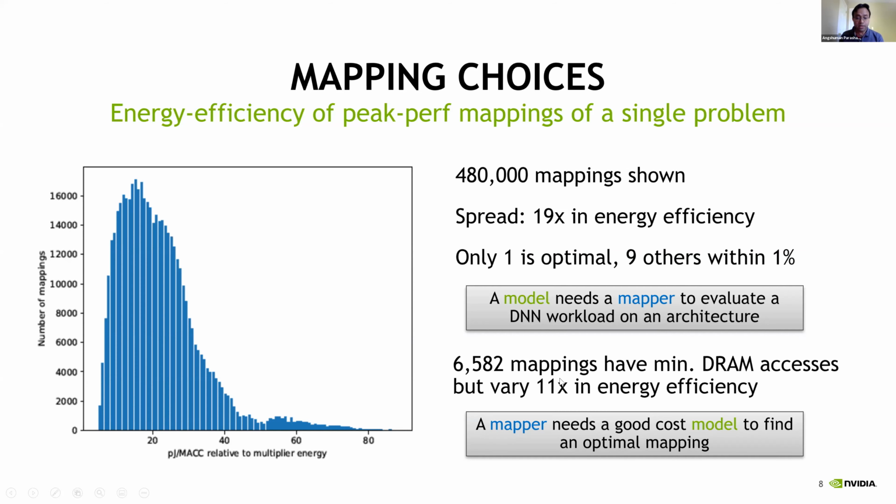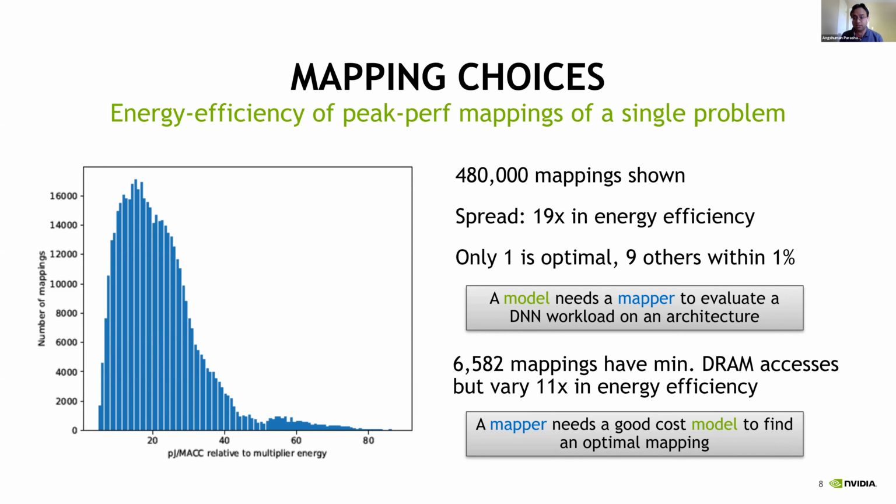So what does that mean? That means that you cannot use the number of DRAM accesses as a measure for what a good mapping is, because a bunch of good and bad mappings have the same number of DRAM accesses. And so what that's saying is that even a mapper, while it's searching across a space of mappings and trying to find the best mapping, it needs a good cost model to tell it what a good mapping is versus what a bad mapping is, right?